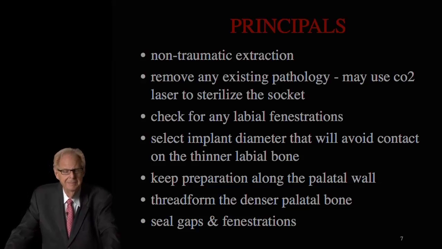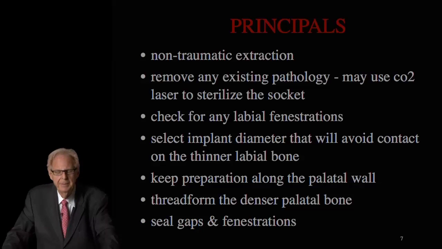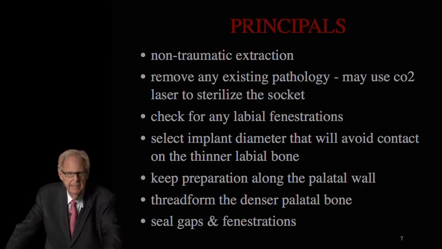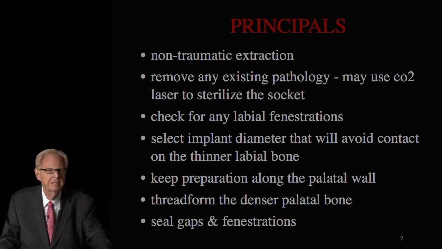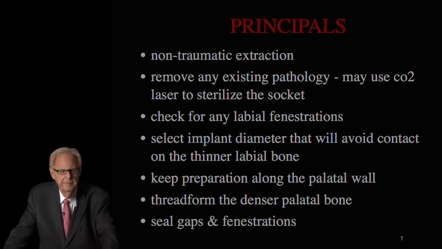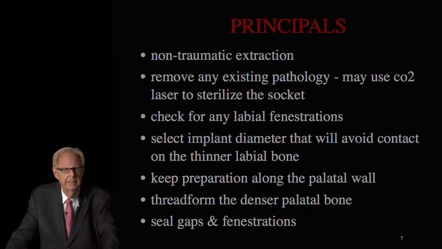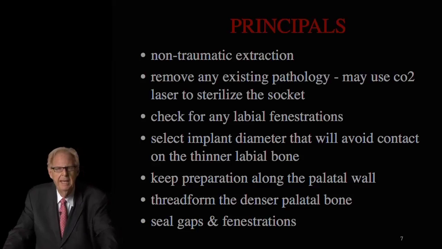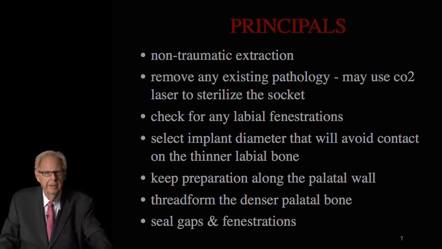We want to select the implant and diameter that will avoid contact with the thin labial plate. One of the misnomers in immediate replacement is doctors felt that they had to fill the whole socket with metal, and that's where the problem begins. You want to have some spacing between that labial plate and the implant.